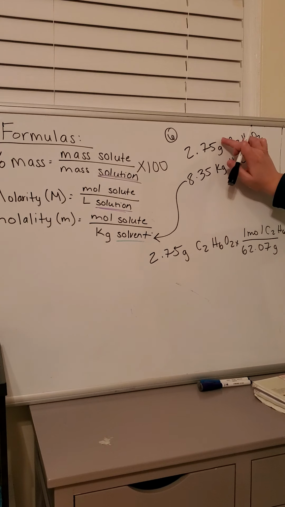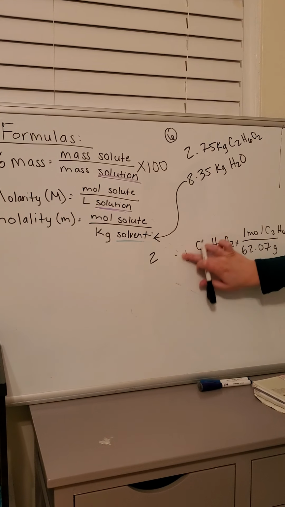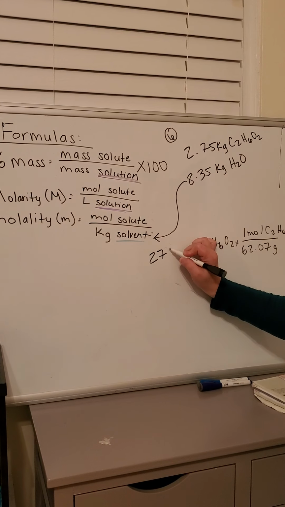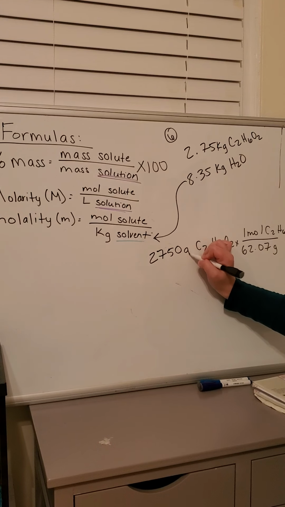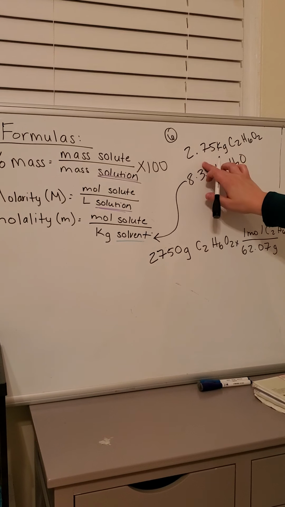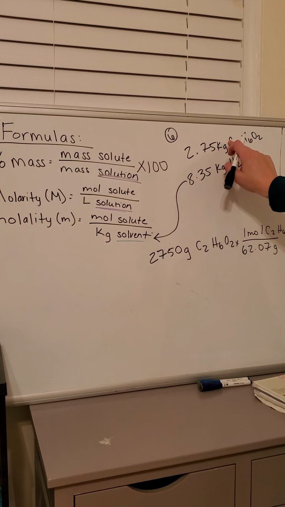Oh, I'm so sorry. I said this was 2.75 kilograms. That's why I was getting confused. If that's kilograms, that makes this 2750 grams. Sorry, I had a brain fart. The question said 2.75 kilograms, not grams. So the first thing we have to do is convert that into grams by moving the decimal 3 places.